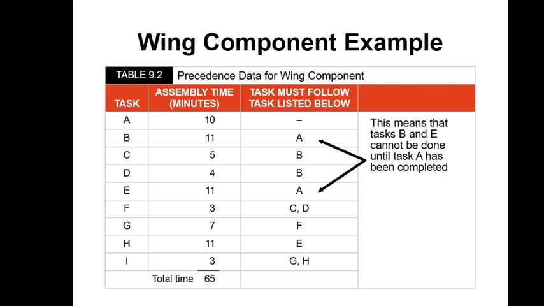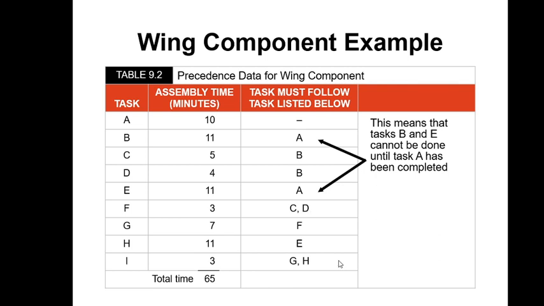The same, for example, with task E. You cannot start task E unless task A is already completed. Meaning, after you finish task A, you can start task E. Another example, task F cannot be done until tasks C and D are already completed. So this is the meaning of the preceding activities.